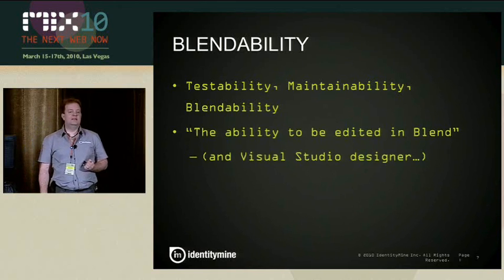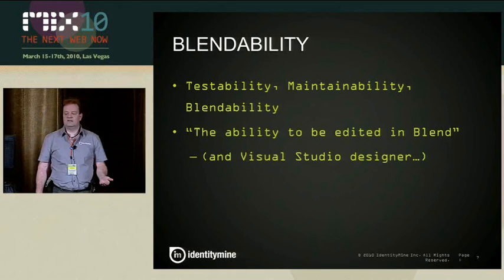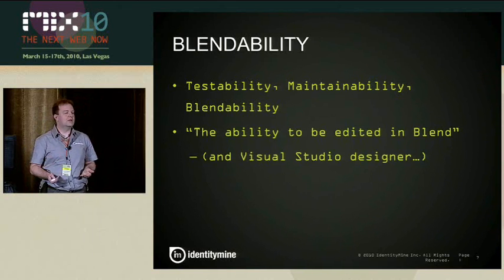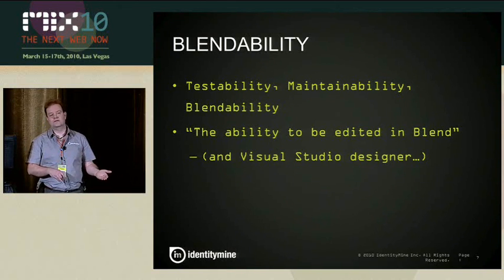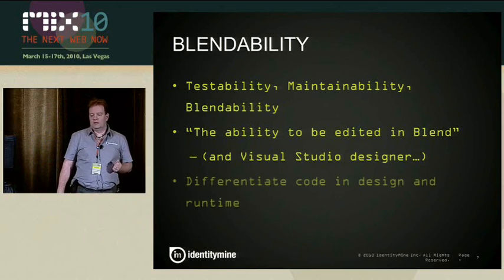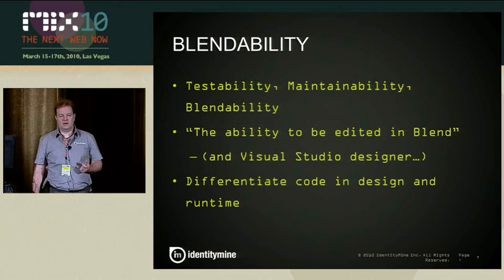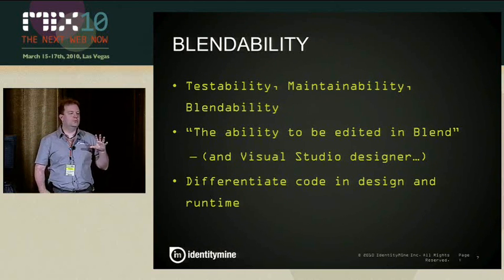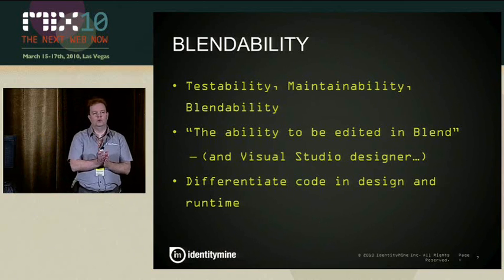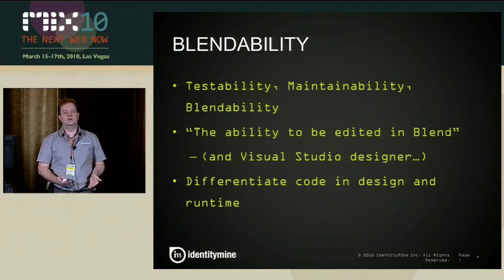is the ability to be edited in Expression Blend, okay, and Visual Studio Designer, because since both use the same architecture, what works in Blend actually works mostly in the Designer of Visual Studio as well. So to achieve blendability, there are 2 things which are important. First of all, you should be able to differentiate in your code runtime from design time. Why? Because Blend is actually loading code and executing code.